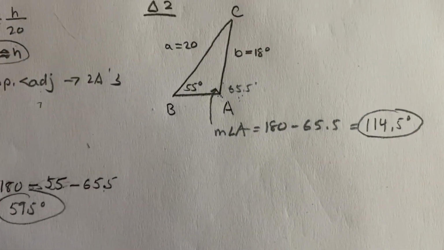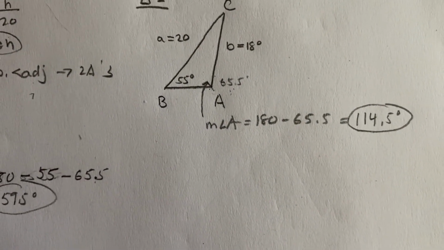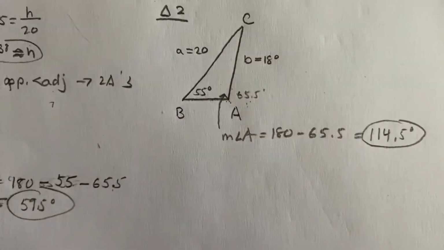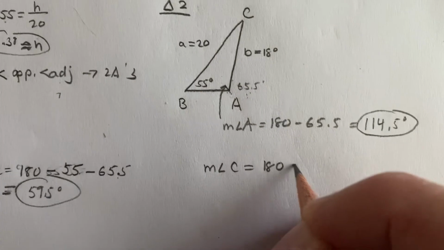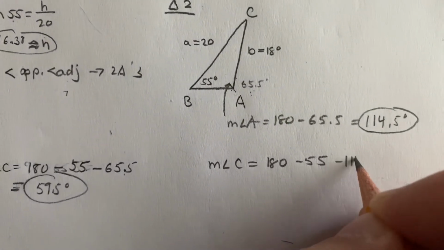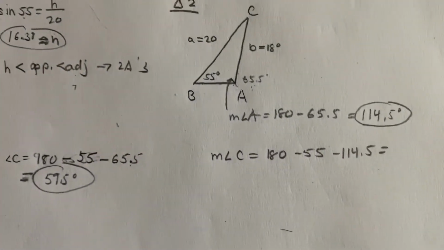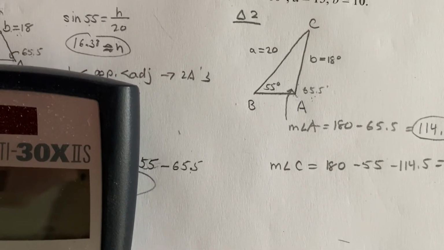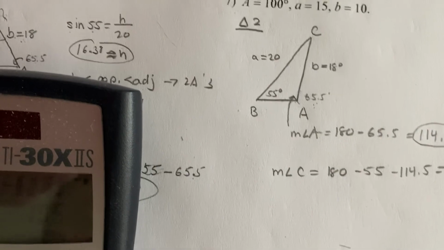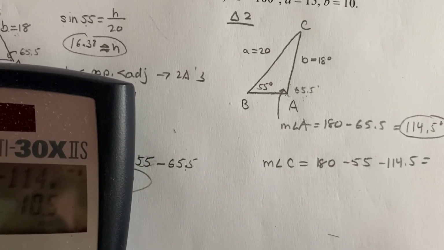And now you can use your law of sines to compute the remaining angles and sides. Okay, so the measurement of angle C is 180 minus 55 minus 114.5, which is 10.5 degrees.